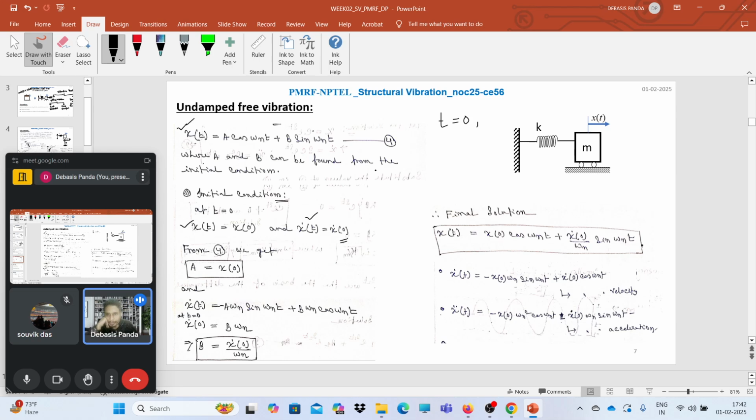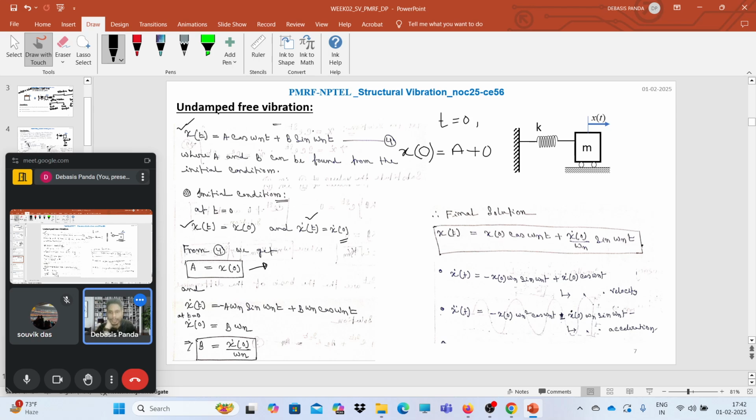So at t equals 0, x of 0 equals a, since cos 0 is 1. At t equals 0 the initial displacement is x naught, which we have already provided. So this part gets cancelled out because sin 0 is 0. So a is equal to the initial displacement x naught.